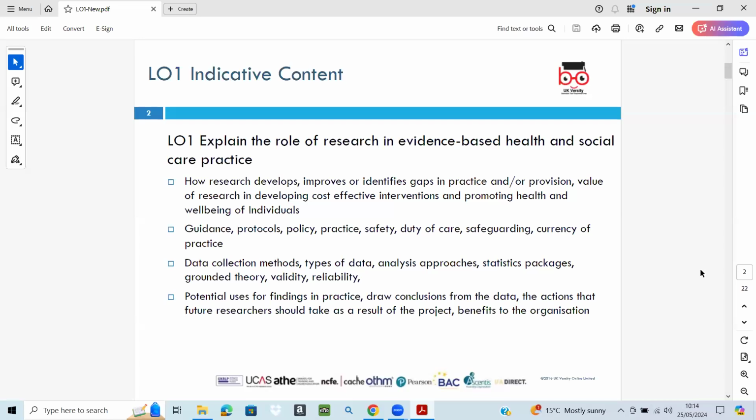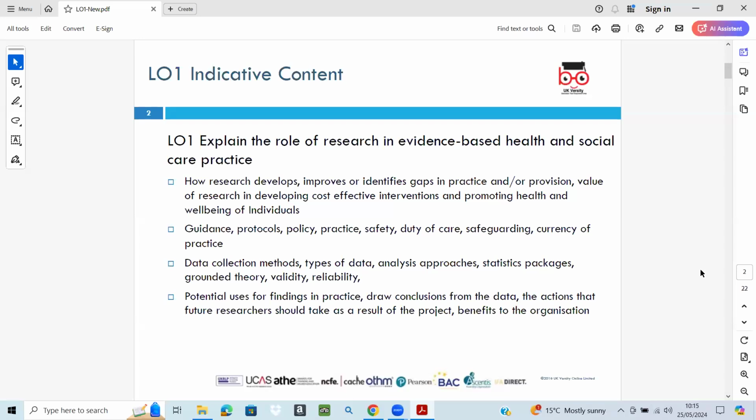Then improving existing practices. How we do that is by evaluating current methods and finding ways to enhance them. Example is implementing feedback from service users to improve the process of delivering outpatient care. And what it will do is increase patient satisfaction and efficiency.